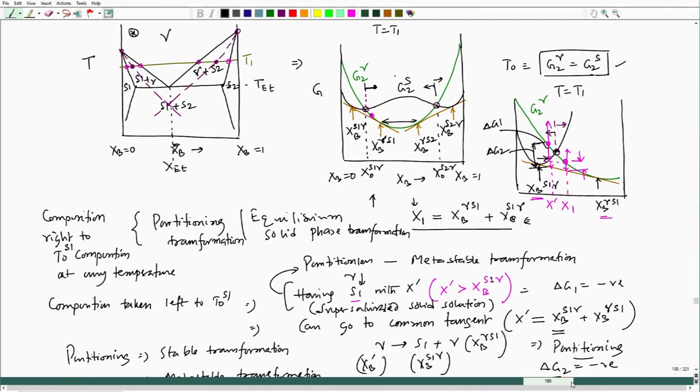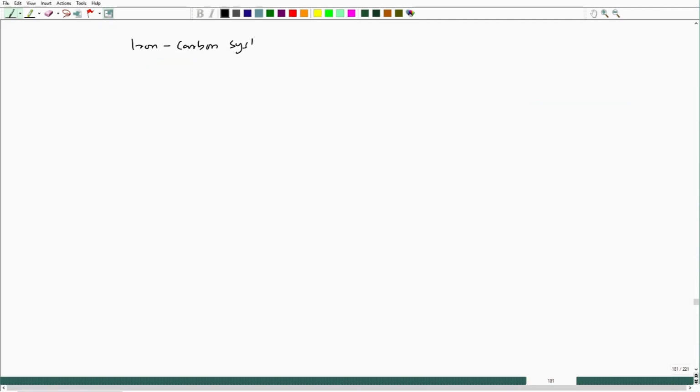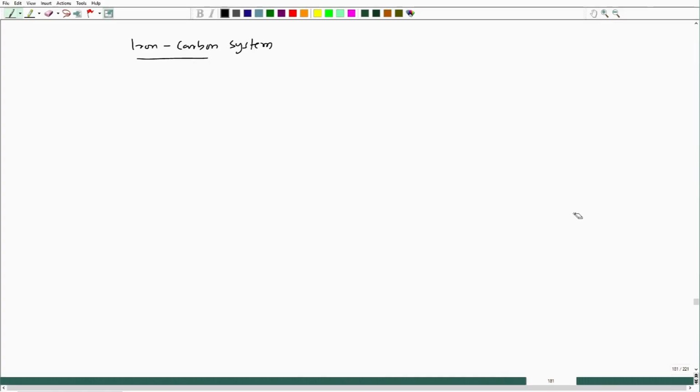Now, let us try to look at iron carbon system. In case of iron carbon system, let me draw that phase diagram. I am just drawing schematic, you have to see some internet information to check those compositions. I will try to put those compositions as far as I recall. Okay. In case of iron carbon system, we will have iron and Fe3C diagram.